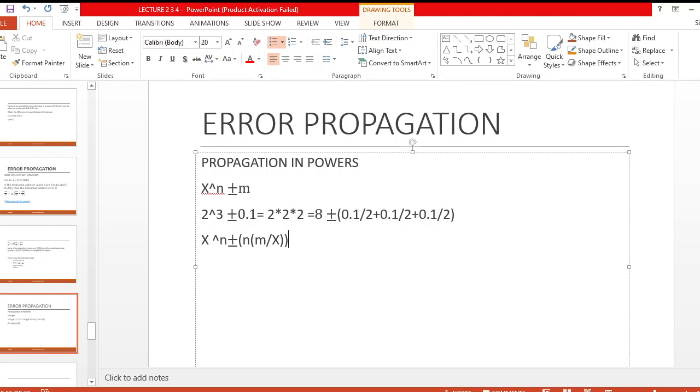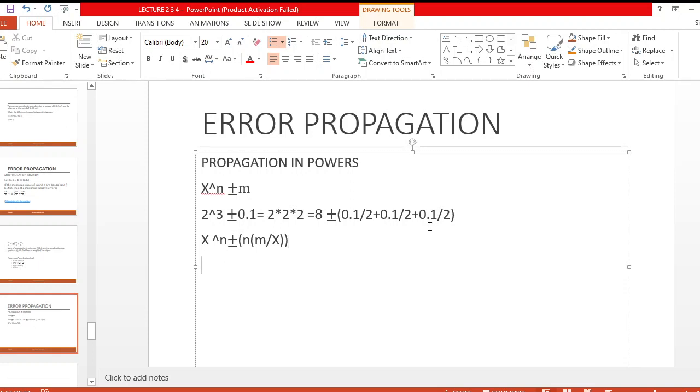So it is the same as this number, in which our n now is 3, so it will be 3 times the relative error. So it's the same.